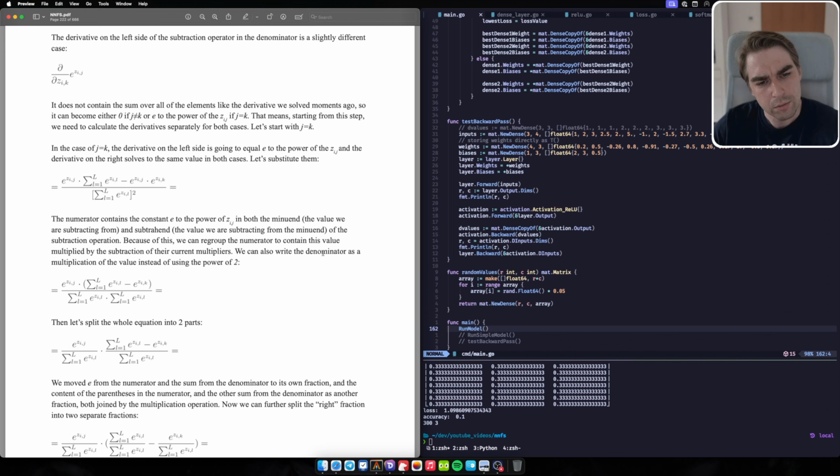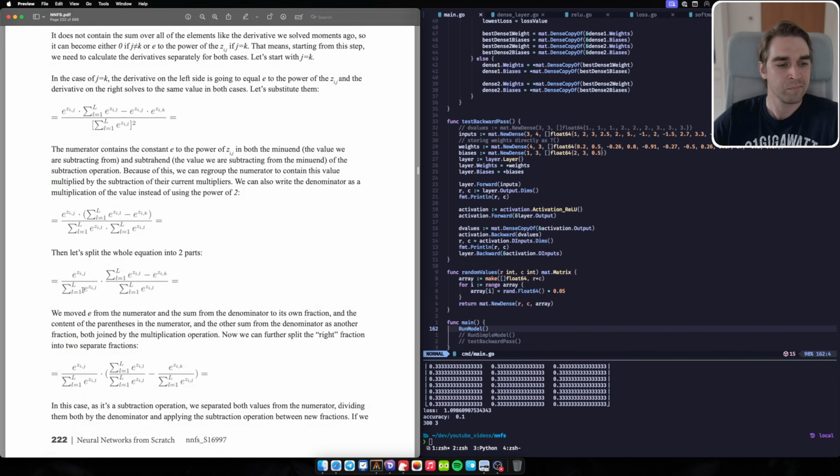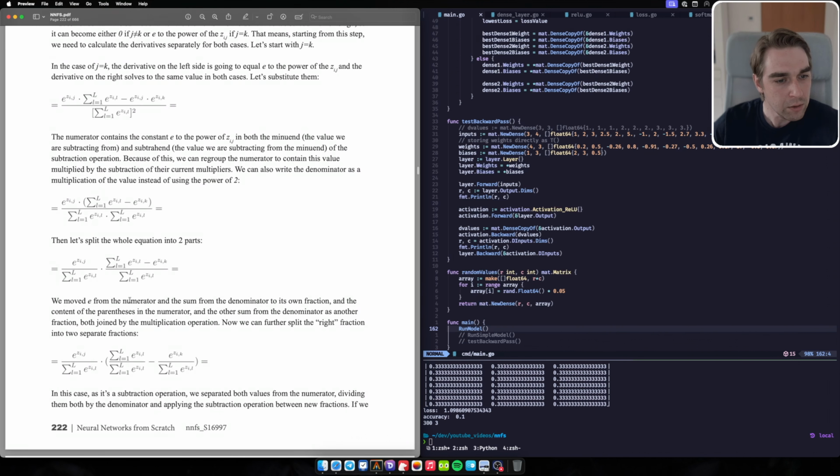We can also write the denominator as the multiplication of the value instead of using the power 2. We moved e from the numerator and the sum from the denominator to its own fraction, and the content of parentheses in the numerator and the other sum from the denominator as another fraction, joined by the multiplication operation.